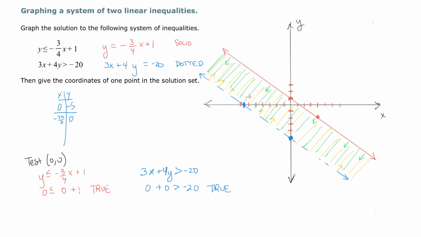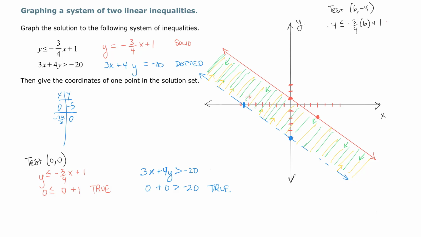I could test it up here so it doesn't look so confusing. Let's test 6, negative 4 and see if it's a solution. So let's test the first inequality. Negative 4, is it less than or equal to negative 3/4 times 6 plus 1?